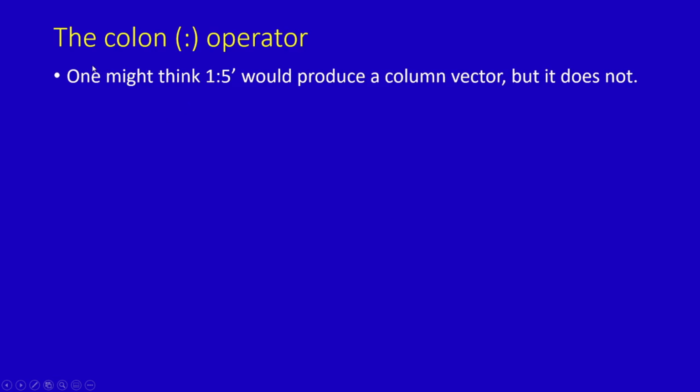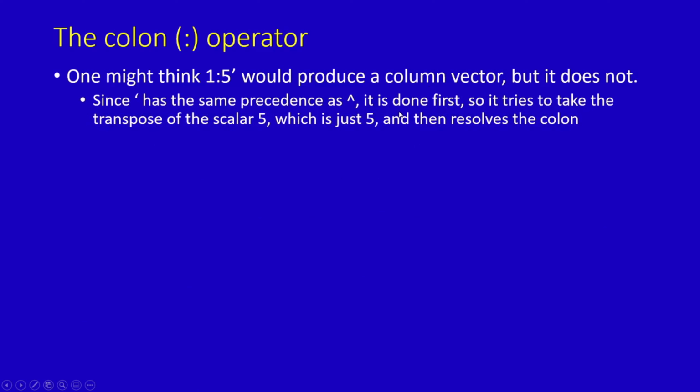So you might think that 1 colon 5 conjugate transpose would produce a column vector, but it does not. What happens is the conjugate transpose has the same precedence as exponentiation, so it's done first. It takes the transpose of the scalar 5, which is 5, and then resolves the colon.